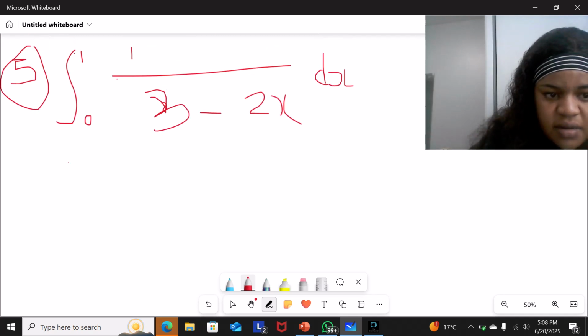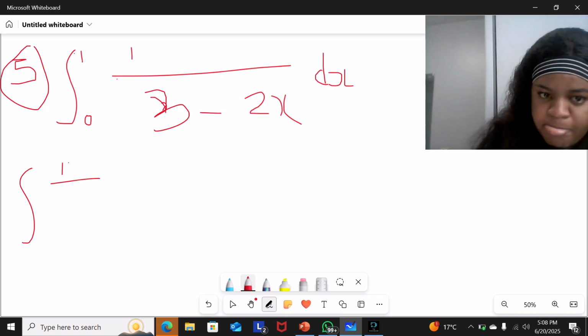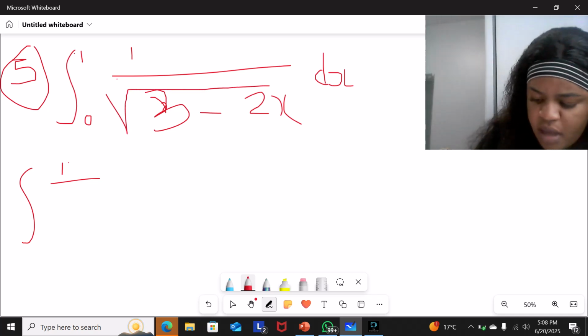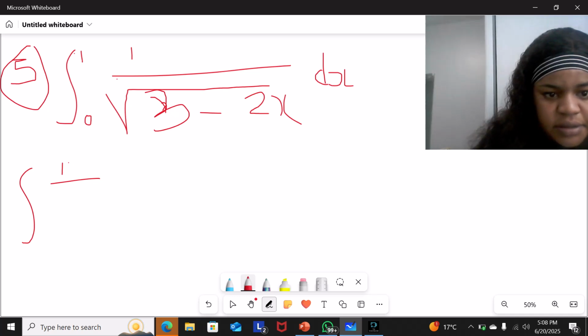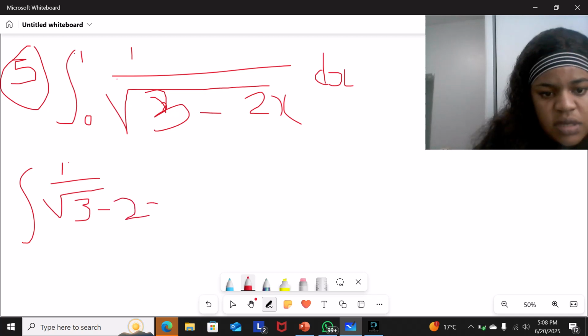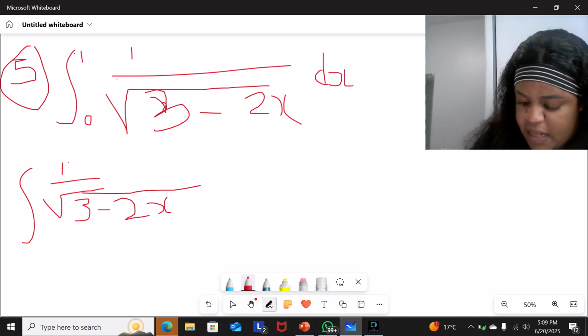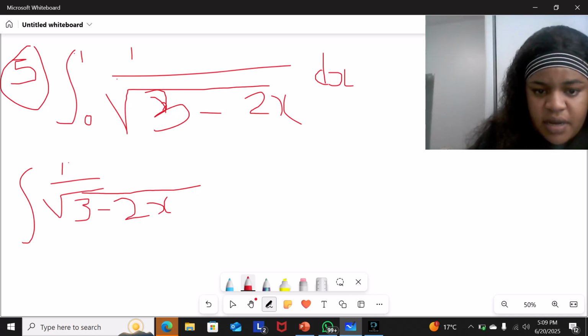It says the integral of 1 over, oh, there's a root here, sorry, 1 over root 3, I mean, root of 3 minus 2x, dx.